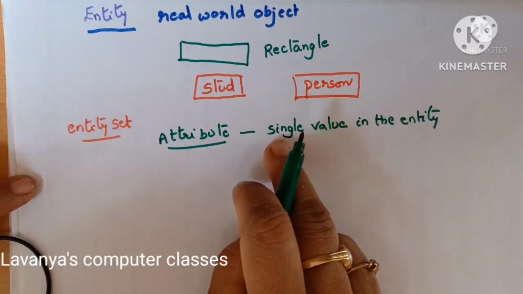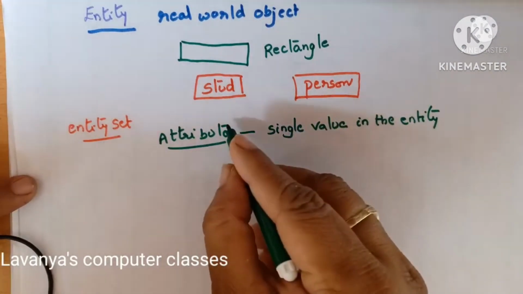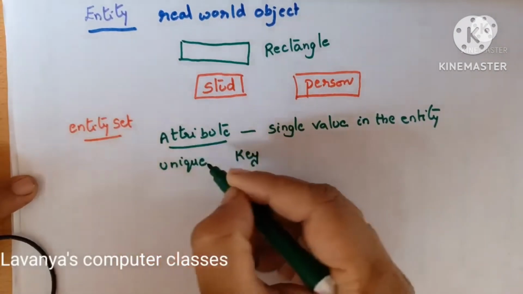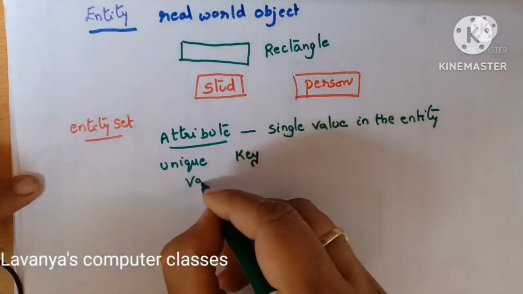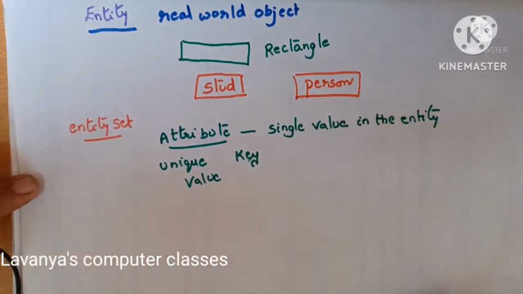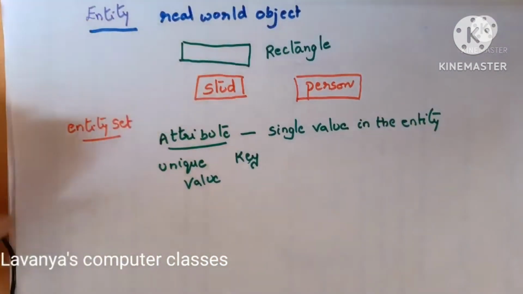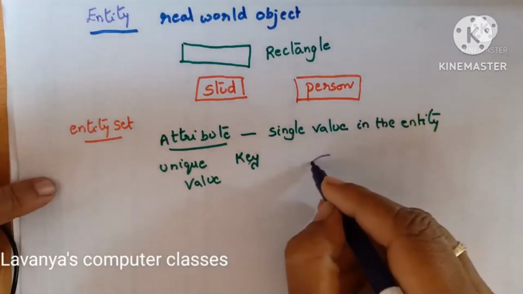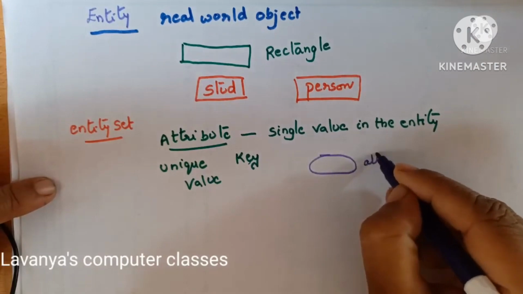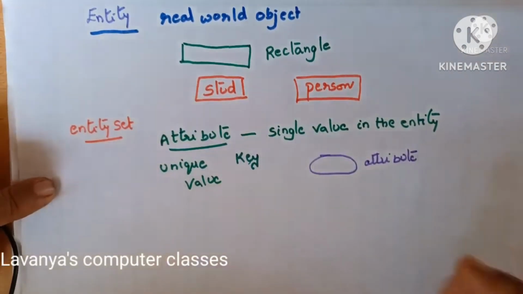The attribute which contains unique values is also known as key. In ER diagram, which symbol is used for representing an attribute? That is ellipse. So rectangle is for entity set, ellipse is for attribute.